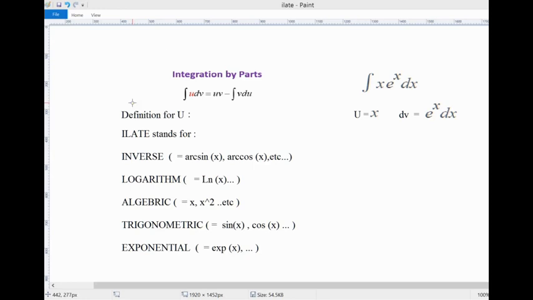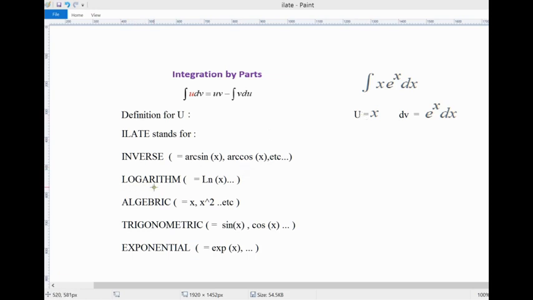So let me explain a little bit this issue about integration by parts. Integration by parts goes through this formula shown here, and it applies, for example, to the sample that we are studying, x times e^x dx. And the issue is how we define what is u, right? We go through these mnemonics, and it says that the best definition for u is, if there's an inverse function here, like arc sine or arc cosine, that should be the definition for u.